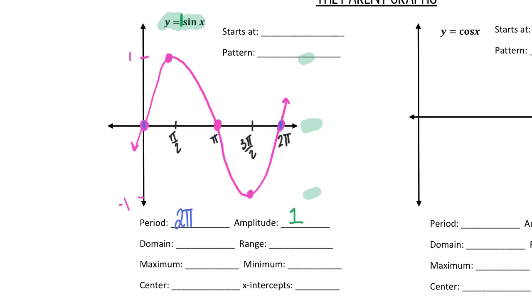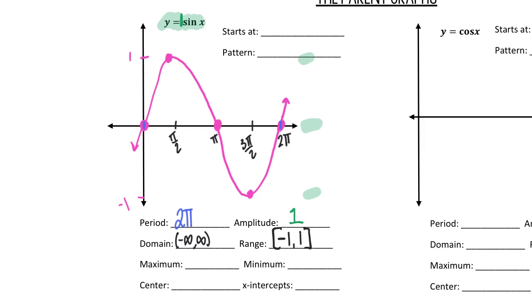The domain we worked on a little bit yesterday. Since it's a periodic function and continues forever and ever to the left and to the right, your domain goes from -infinity to +infinity. Your range does not, however. It is stuck in between those two y values. Remember to put your lowest one on the left, highest one on the right, and it touches those endpoints, so make sure to include brackets.